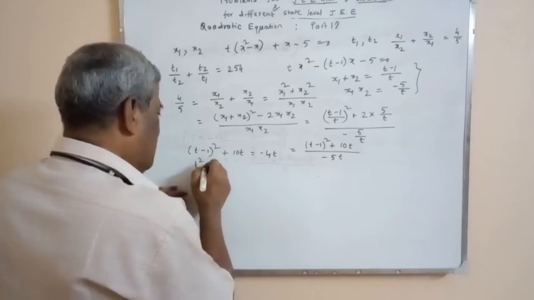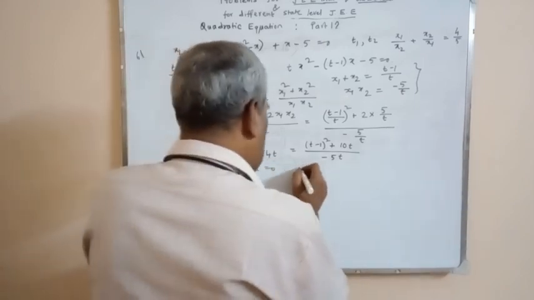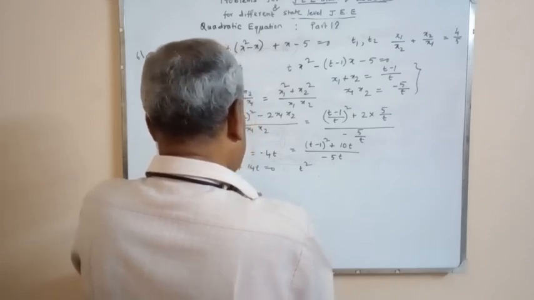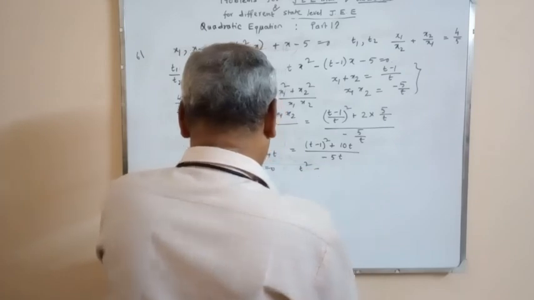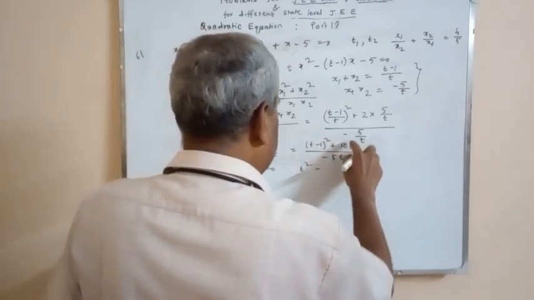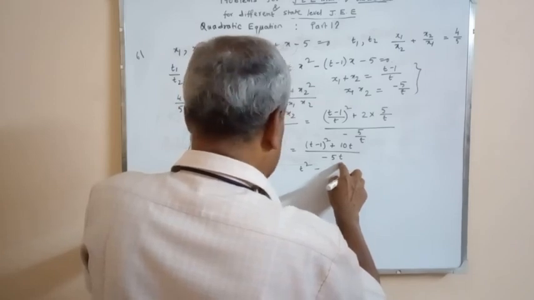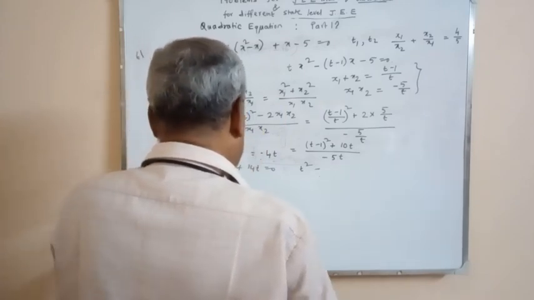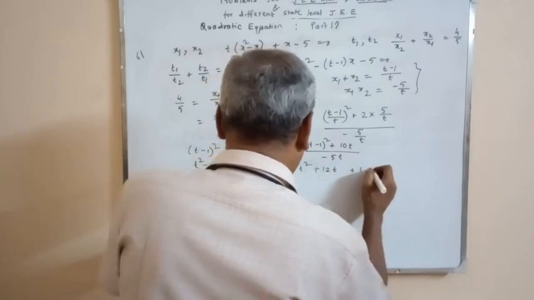So we get t square minus 2t plus 1 plus 10t is equal to minus 4t. T square plus 12t plus 1 is equal to 0.